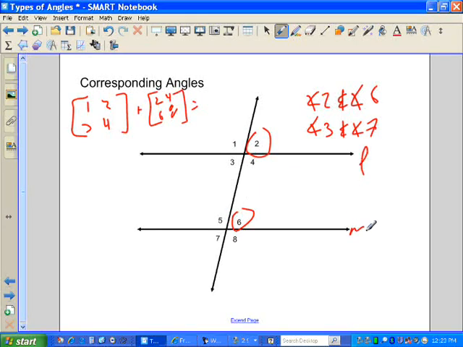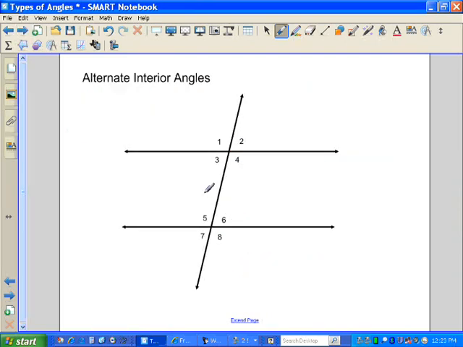The thing about these, if I have two lines that are parallel to each other, then the angles are the same. So if L is parallel to M, then angle 2 is congruent to angle 6. Okay, we're going to hold off on that for a brief moment. Alternate interior angles, okay, that's like angle 3 and angle 6 are alternate interior angles.